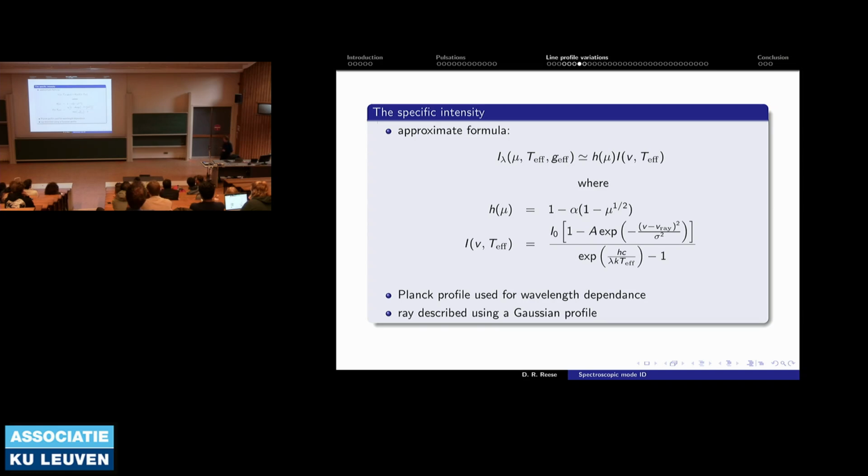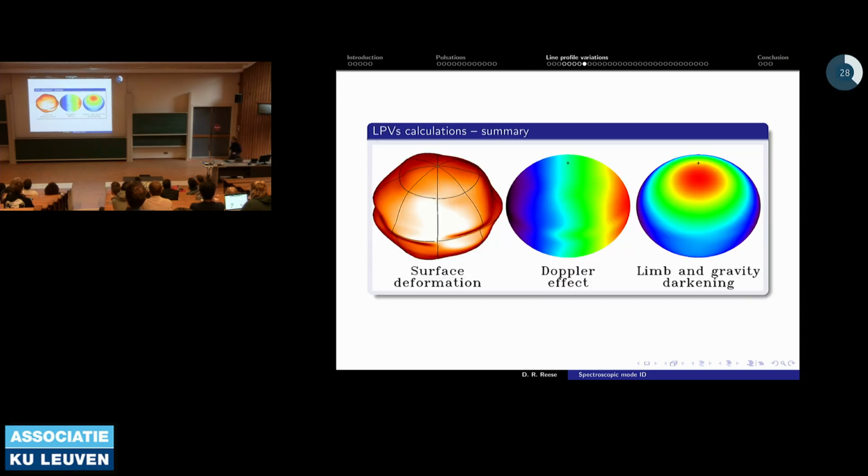So this is known as gravity darkening. And so you have to take that into account in the specific intensity. A simple way of doing that is by introducing a Planck spectrum, which depends on the local effective temperature. Okay. A slightly more picturesque way of looking at this is to show the different effects this way.